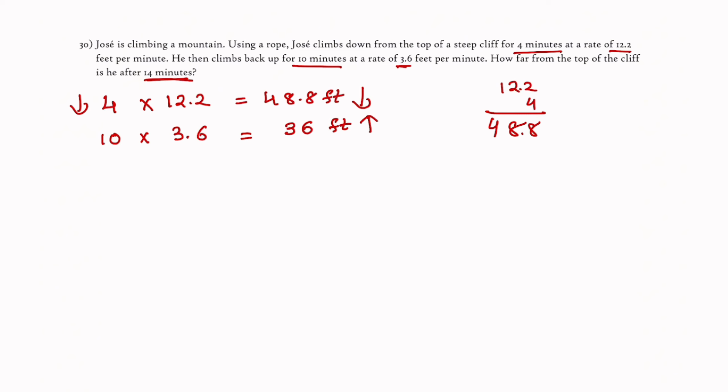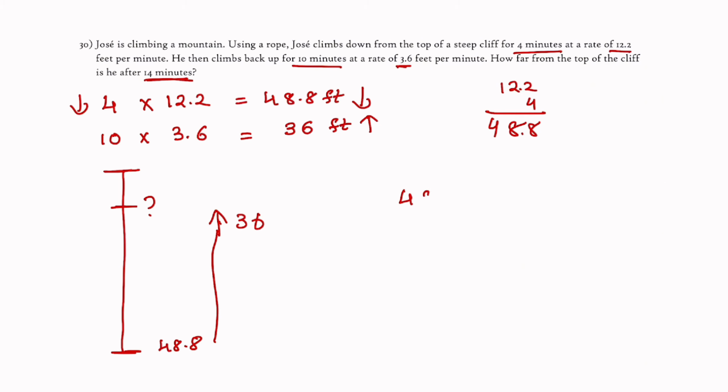So we know how much he came down and we know how much is going up. But where exactly is he? How far from the top of the cliff is he after 14 minutes? So he was on the top somewhere here. He comes down somewhere here, which is 48.8 feet. And then again, he goes up for 36 feet. So what is this position is what we are supposed to find. And how do we do that? The picture tells you what you are supposed to do.